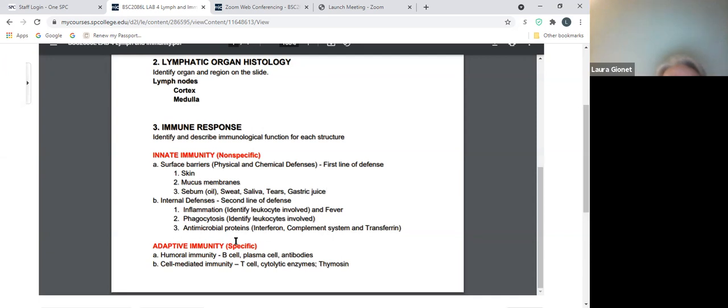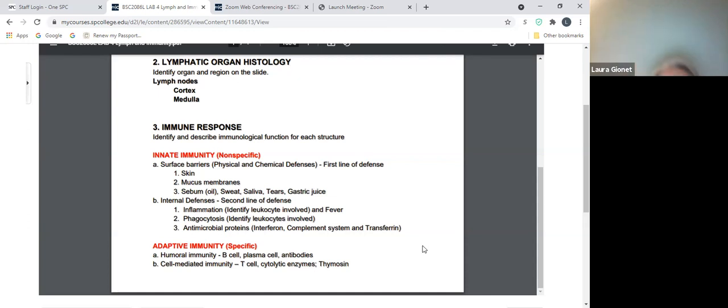And then we have internal defenses, inflammation. We're going to look at one particular white blood cell associated with that, a basophil, but also fever. We have phagocytosis. What are the two leukocytes associated with that? Neutrophils and monocytes. And antimicrobial proteins: interferon, complement system, and transferrin.